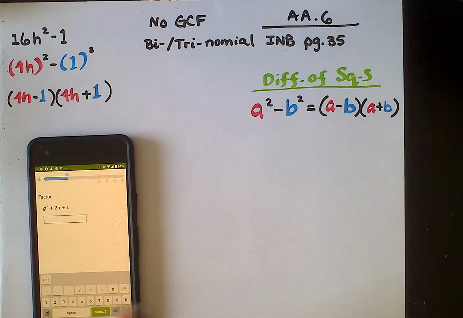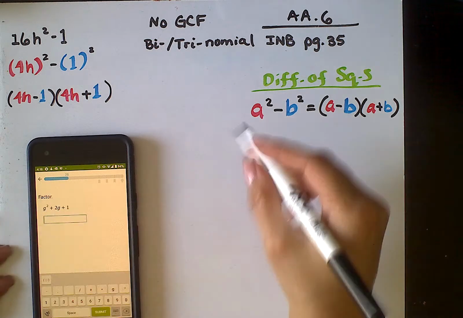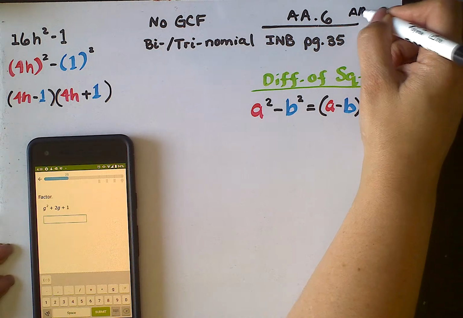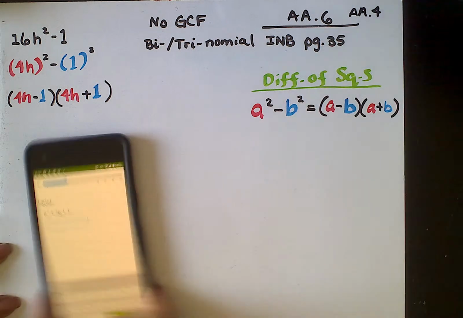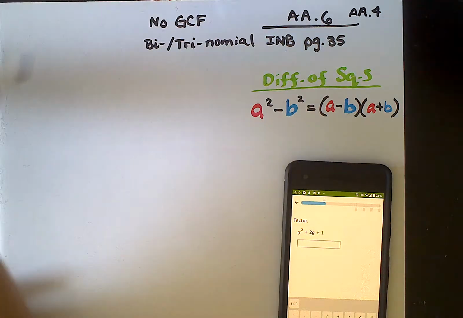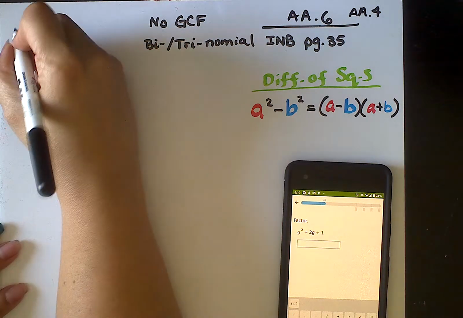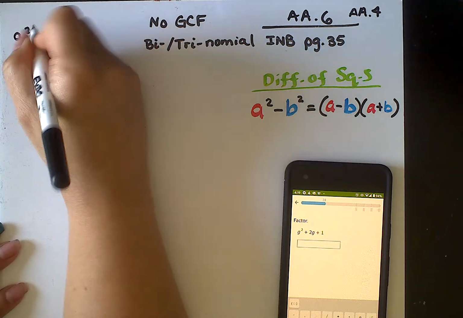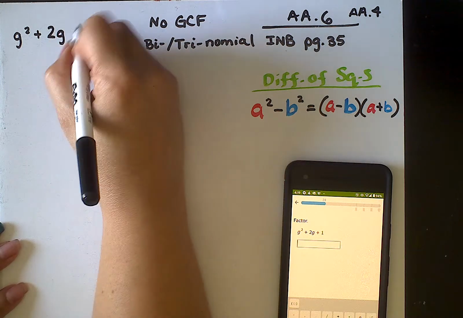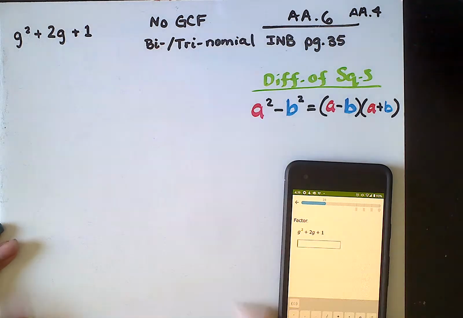All right. Ooh, I love this one because we haven't done a tutoring session with this one yet because nobody asked for any problems. This one looks kind of like what we have in our AA4, and that's really nice and easy. That you can find on page 34. Here we have g squared plus 2g plus 1.